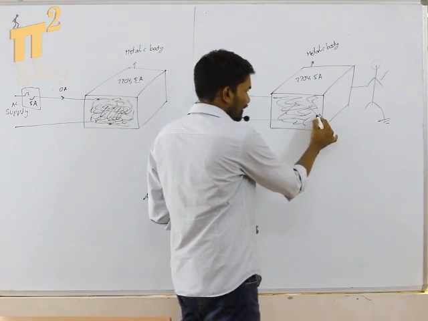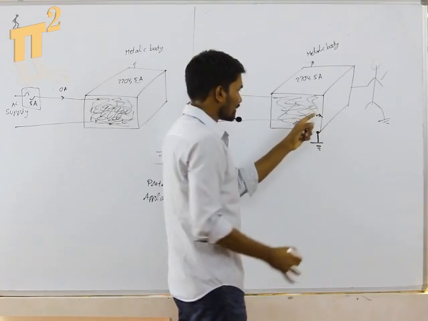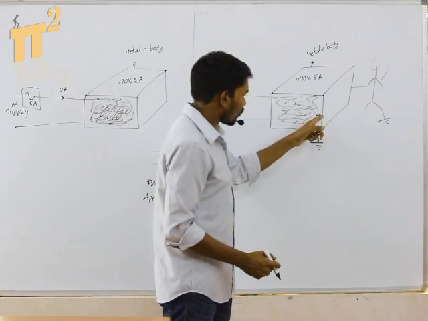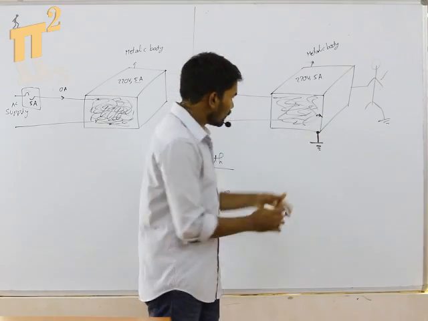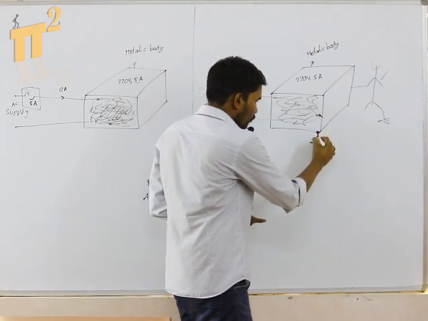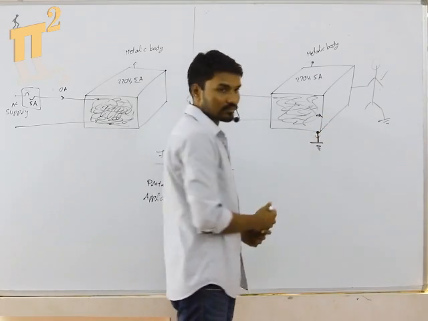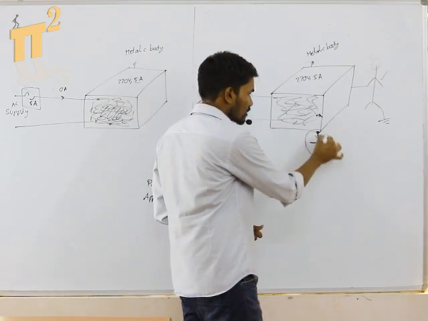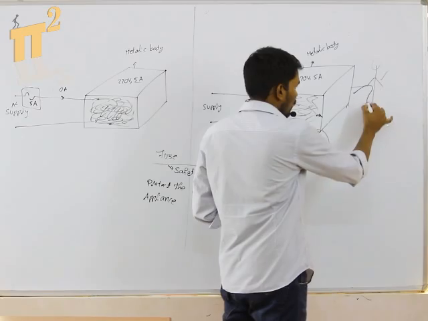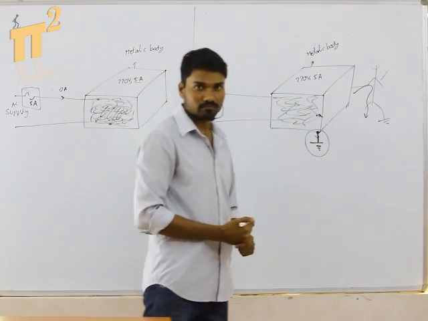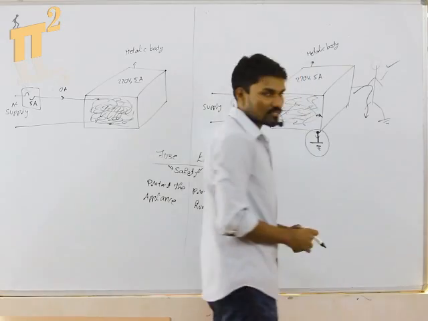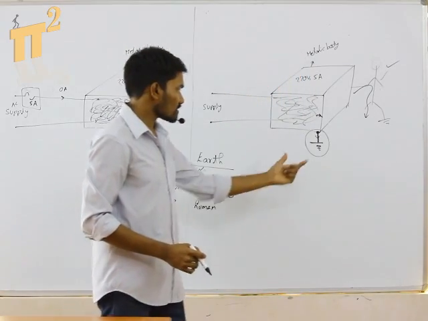So when there is some internal fault, internal malfunction, even though this is in contact with the body, now current is flowing through this path, because this is the least resistance path compared to the person's body. So the person is safe, the operator is safe because of this earthing.